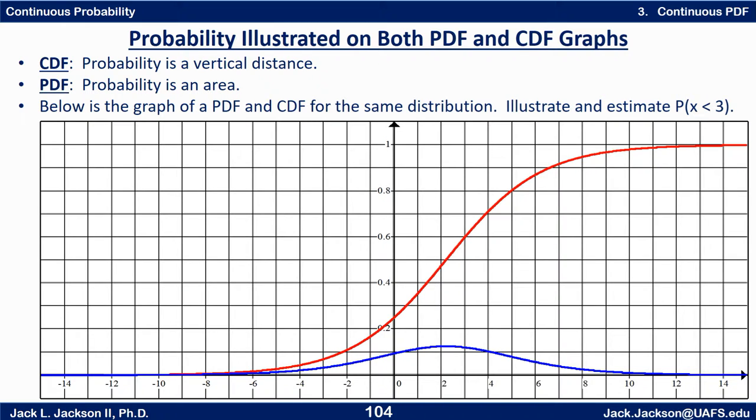Here is a graph of a CDF and a PDF for the same distribution. This time, illustrate the probability that x is less than 3 and approximate it. Press pause.